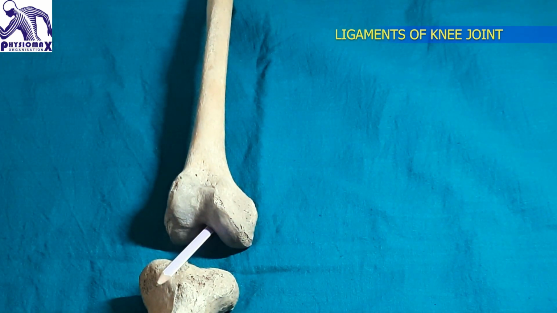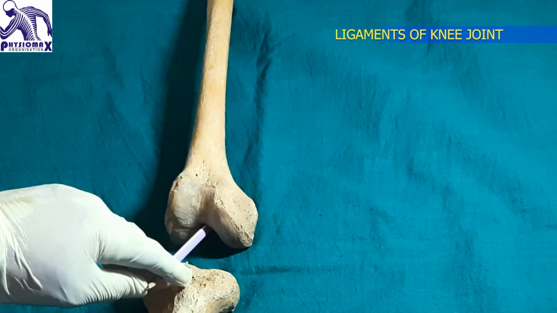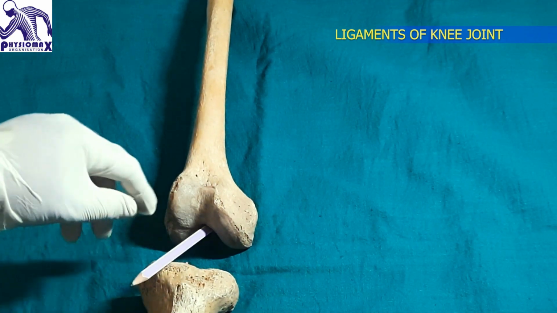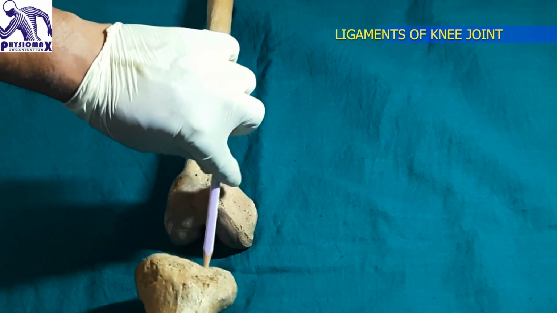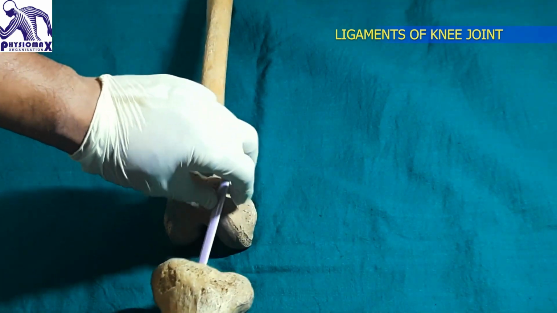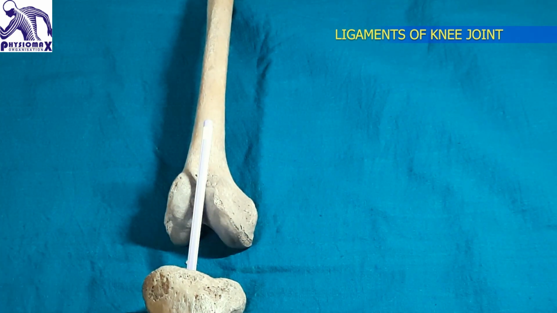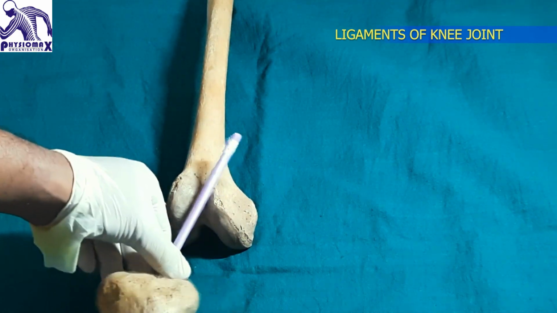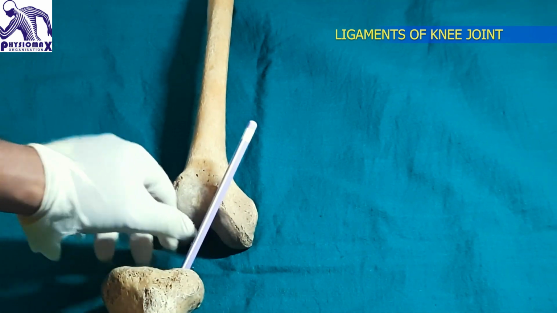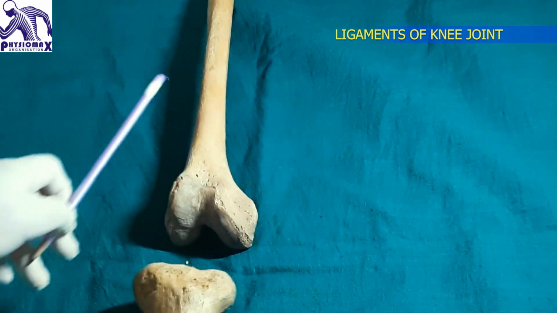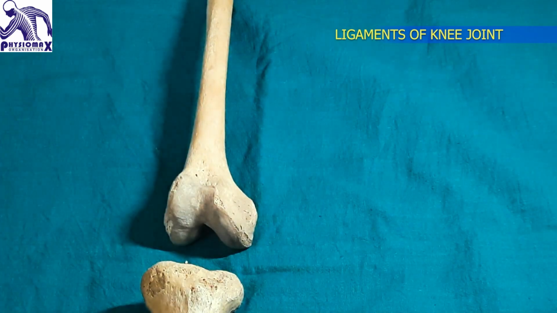The second ligament, the posterior cruciate ligament, starts from the posterior aspect of the tibial plateau and runs towards the anterior aspect of the femoral condyle. So these ligaments are crisscrossed to each other, and that is the reason they are named cruciate ligaments.